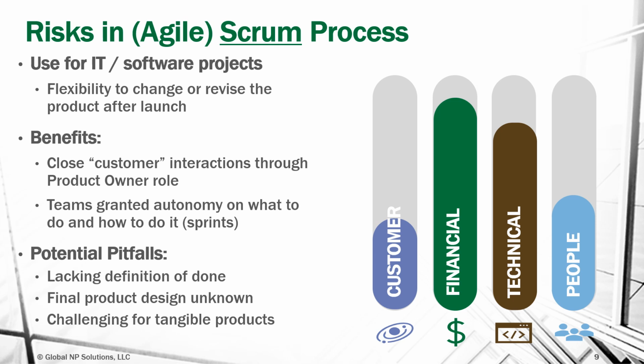Part of that is because the final product design is often unknown at the beginning of a project. And again, we talked about the pitfall of Scrum being very difficult for a tangible product, especially a large scale investment. So because of these characteristics of a Scrum process, I would categorize the customer and people risk as medium and the financial and technical risk as a little bit higher.